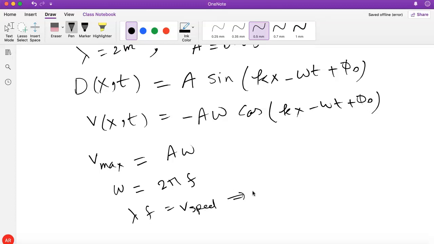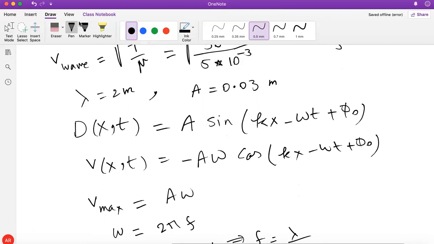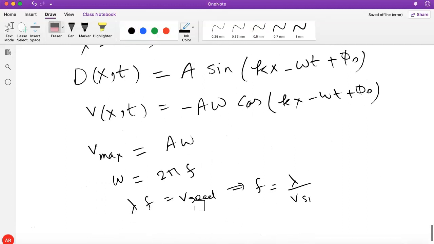So from here, we find that f is v wave divided by lambda, right? We just divide both sides of this equation by lambda.